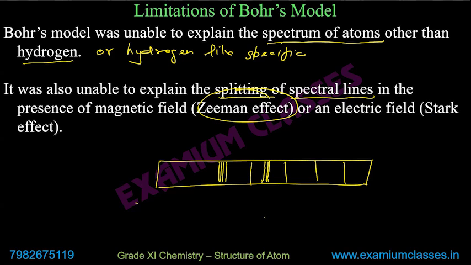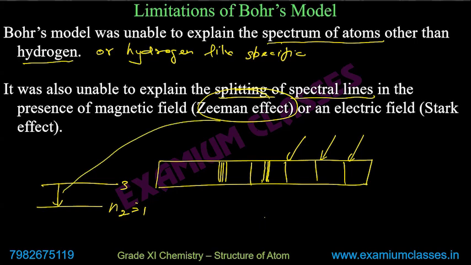So splitting of a spectral line takes place in the presence of magnetic and electric fields, which this model was not able to explain. It was able to explain why these lines are there, because there were specific frequencies related to specific transitions. If a transition is from n=3 to 2, there will be one frequency which will be visible.